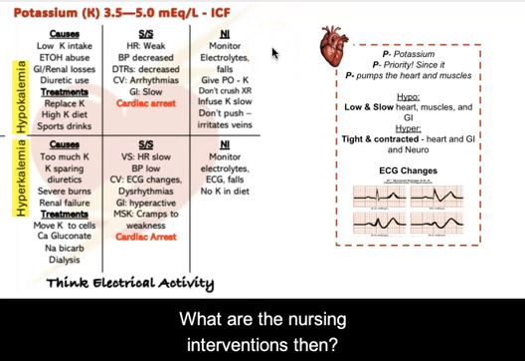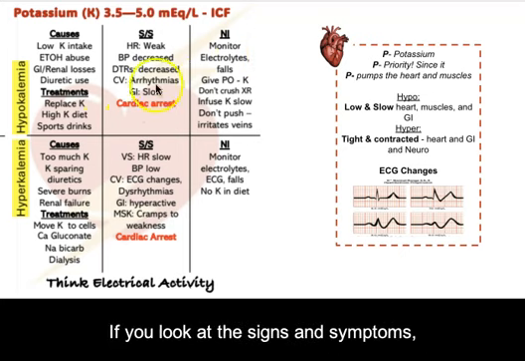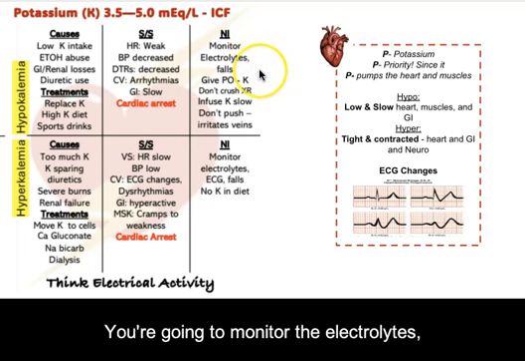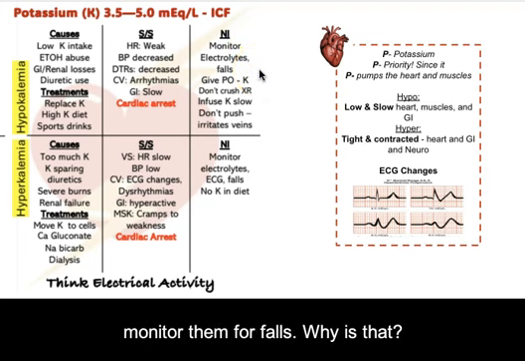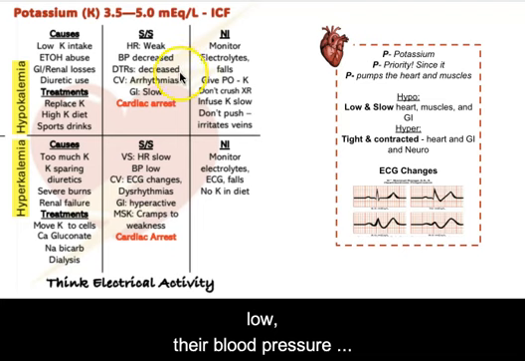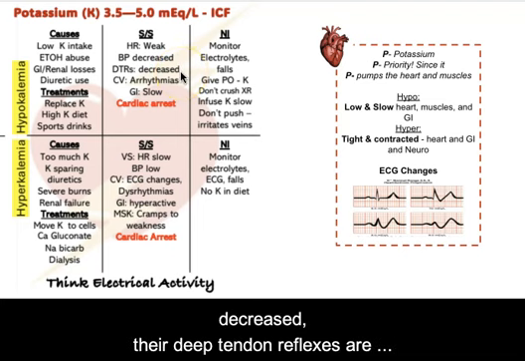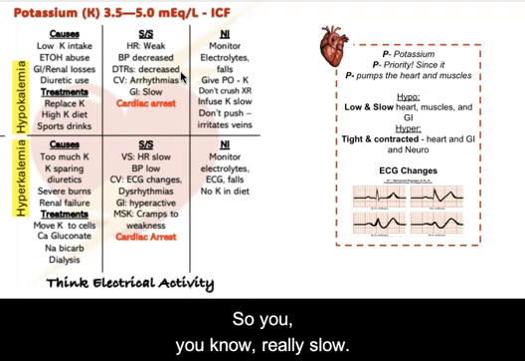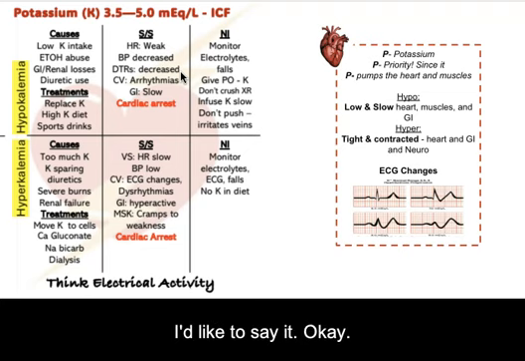So what are the nursing interventions then? If you look at the signs and symptoms, you can guess the nursing interventions. You're going to monitor the electrolytes. Monitor them for falls. Why is that? Because remember, their heart rate is weak and low, their blood pressure is decreased, their deep tendon reflexes are decreased, everything is slow. So really slow, I like to say it, okay?